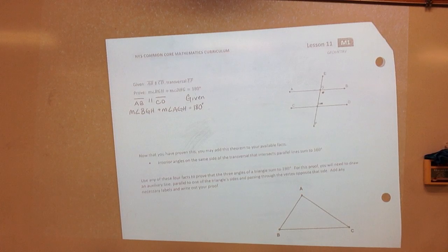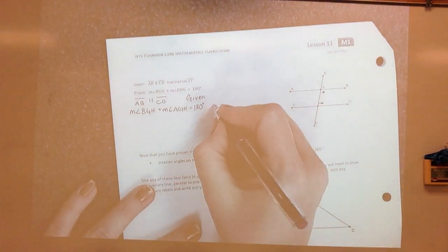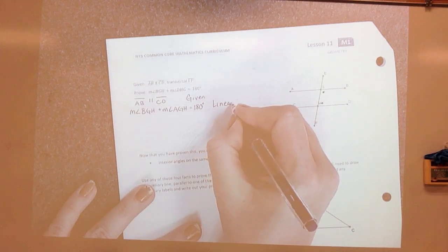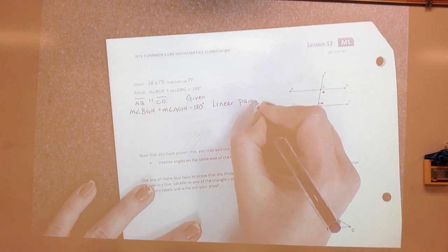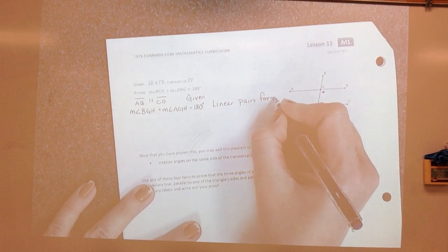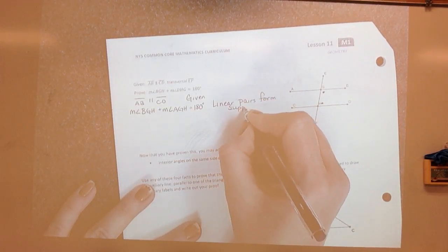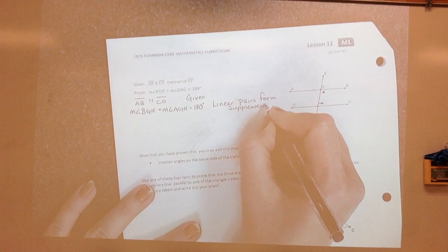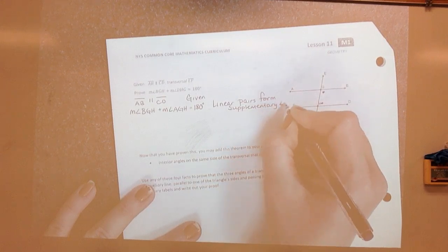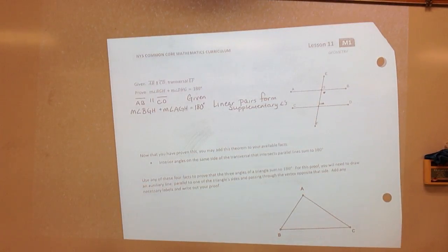Because they are linear pairs, and linear pairs are supplementary angles. So if I know those two angles are equal to 180 degrees.